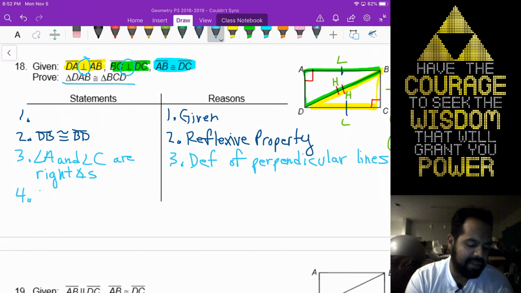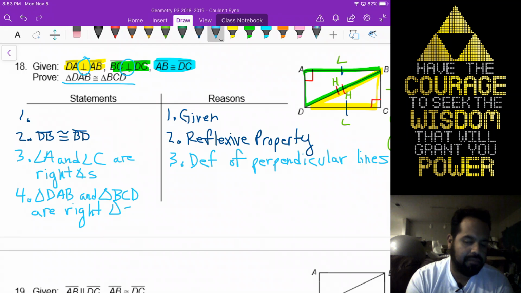So I'm just going to copy that down and say triangle DAB and triangle BCD are right triangles. And why is that? Well, that's literally the definition of a right triangle, when you have exactly one right angle.